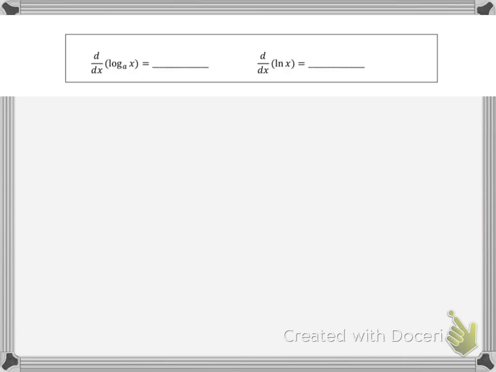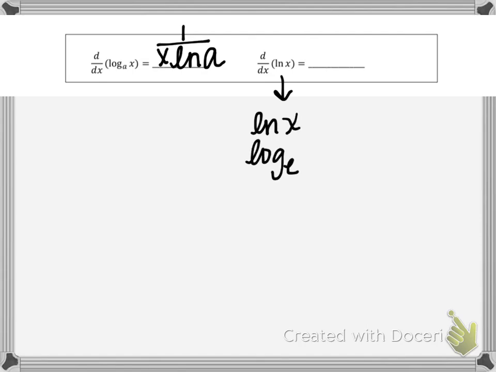So moving on, we can fill in our derivative formula, 1 divided by x times the natural log of a. And then we can use this formula to help us figure out the derivative of natural log of x. So remember, natural log of x is really a logarithm with a base of e.